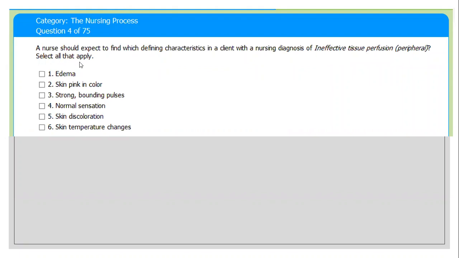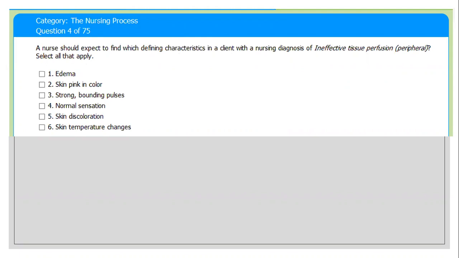Select all that apply. So, the examiner is asking about the nursing diagnosis of ineffective tissue perfusion. Keep in mind, there are a few factors that may be related to this nursing diagnosis, right?